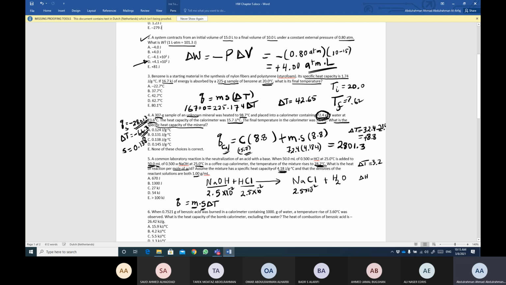What's the total? 100. What's the density? 1. This means how many grams? 100 times 4.18 times 3.2. So what's Q?